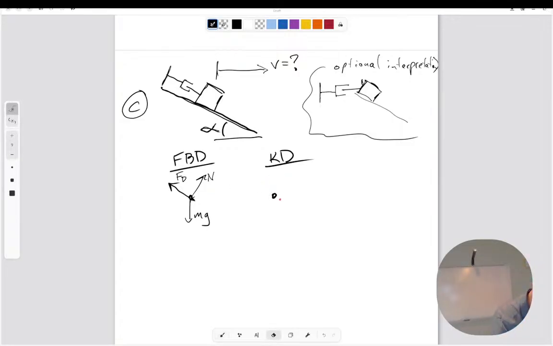Is it this, MA down the ramp? Probably down. Probably down.